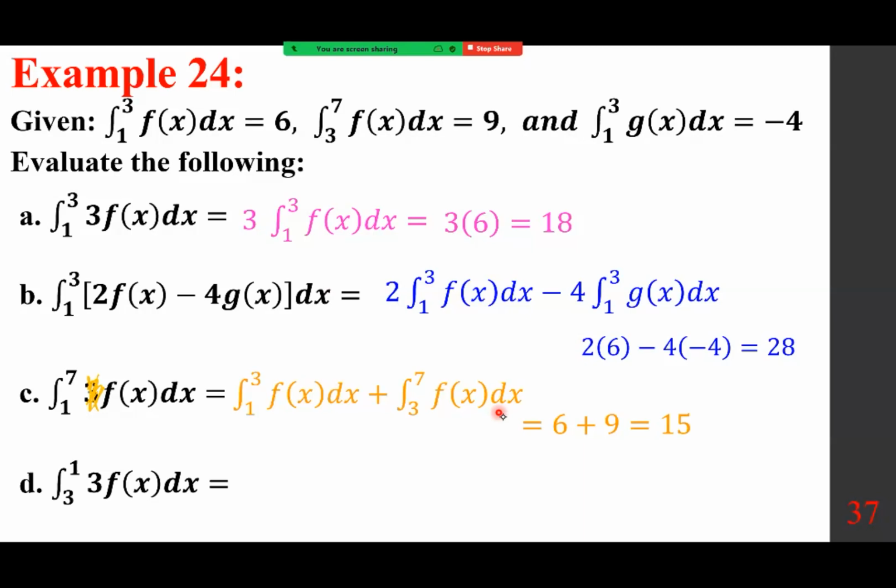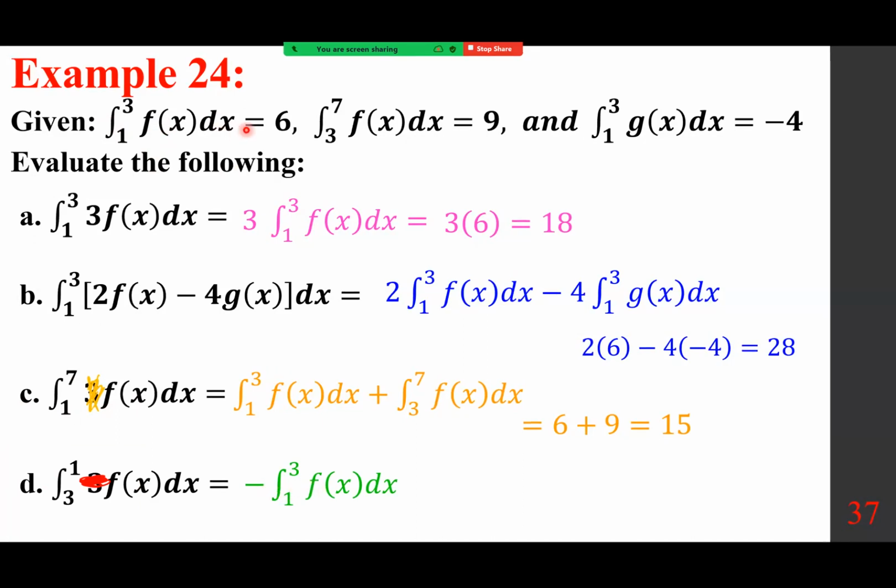Finally, again, this is a typo, class. We have a negative sign, minus f of x dx. Well, it's the same as this one with the negative sign in front. So we put the negative out.